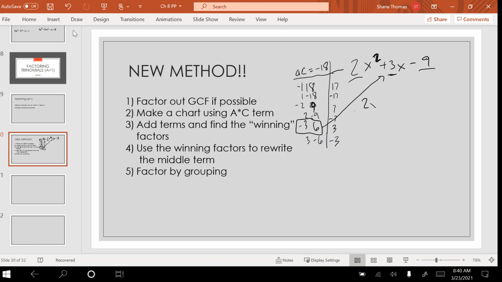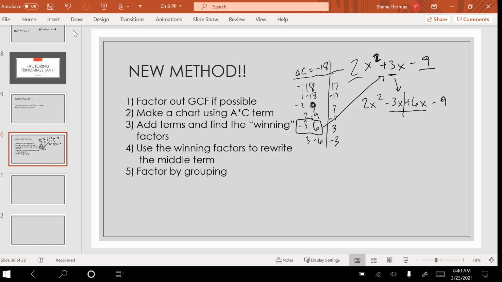So I'm going to make this 2x squared minus 3x plus 6x minus 9. Isn't this equal to 3x? So from here to here, did I change the value of anything? No, I just split it into 2 instead of 1. Agreed?